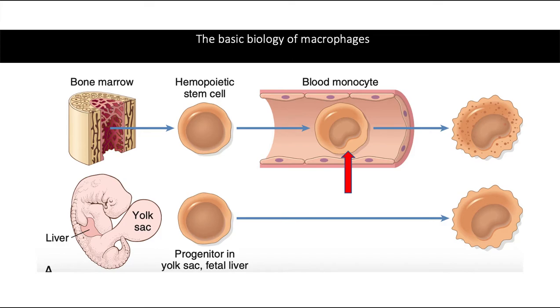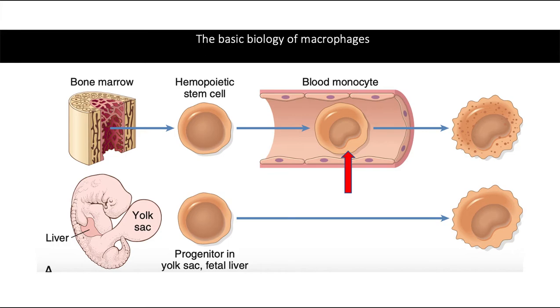The half-life of blood monocyte is about 1 day, whereas the lifespan of tissue macrophages is several months or years. Therefore, macrophages often become the dominant cell population in inflammatory reactions within 48 hours of onset.